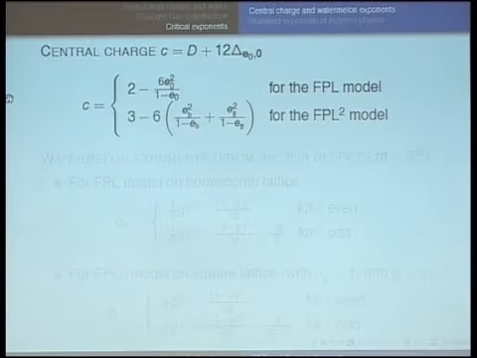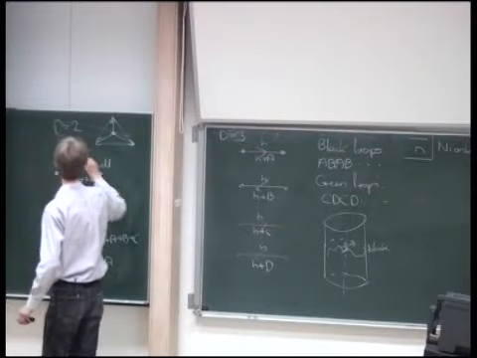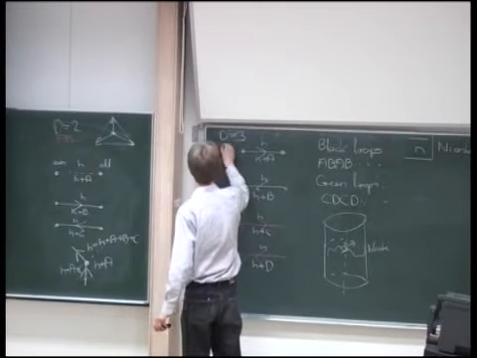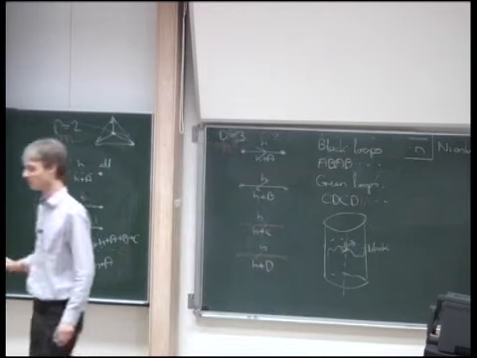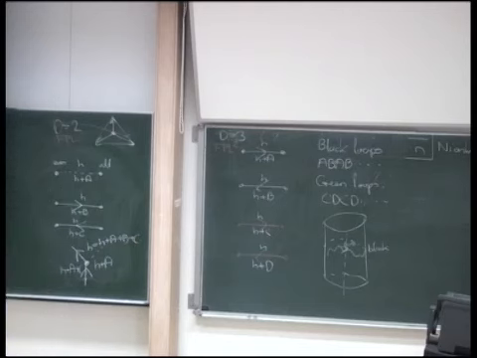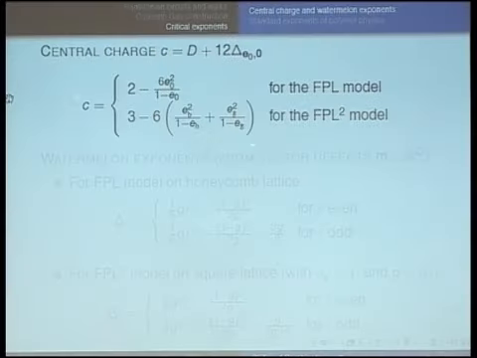So let me remind you that the 2-dimensional model here was called the FPL model, fully packed loops, and this doubly fully packed loop model on the square lattice is FPL2. So the central charge I can work out as before.